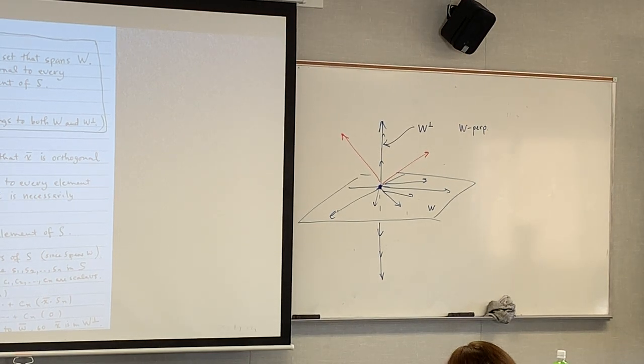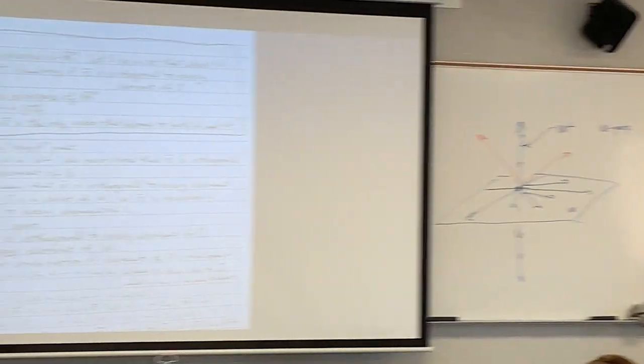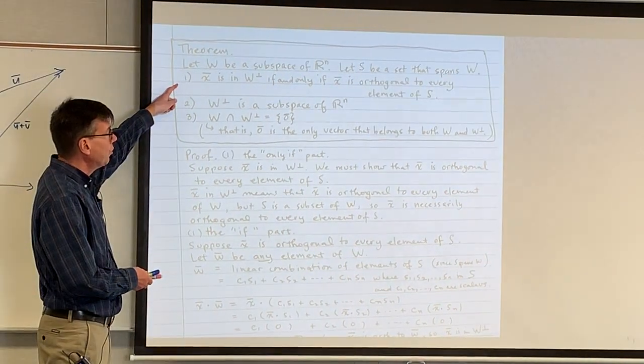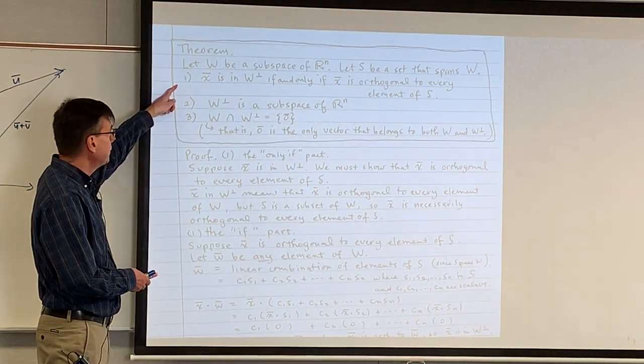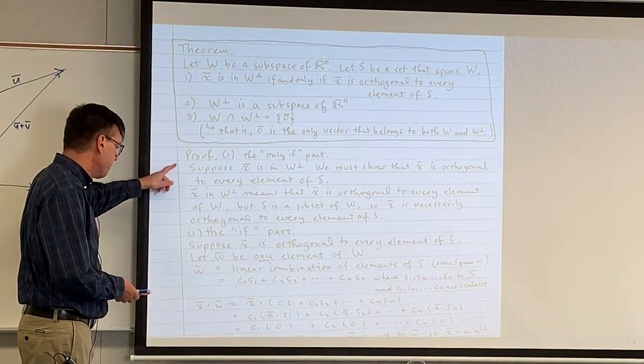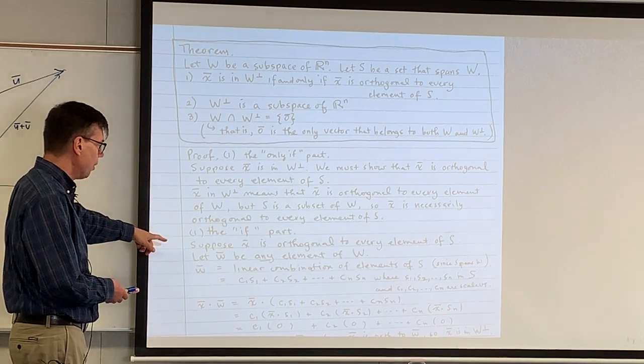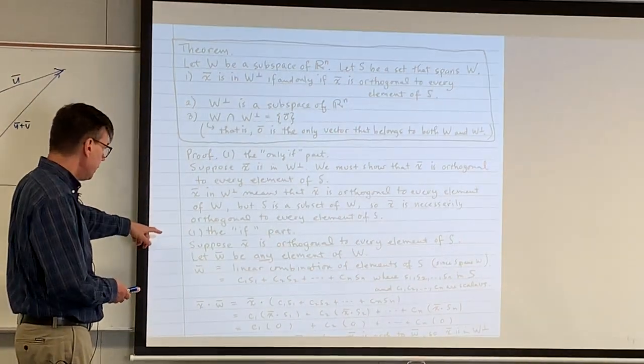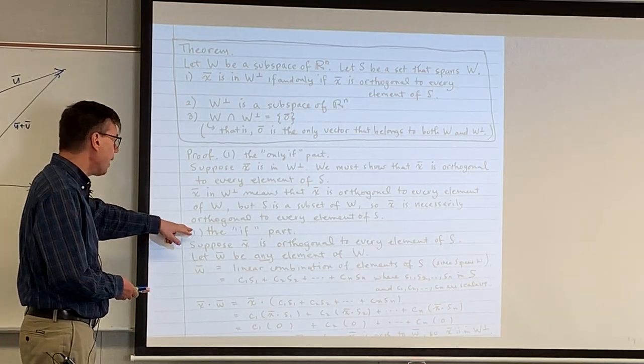Let's prove these points of the theorem. These are real easy items to prove, really. Number one, X is in W perp if and only if X is orthogonal to every element of S. Actually, I'm just going to let you read through that on your own, because it's really not that profound. It's really the if part.